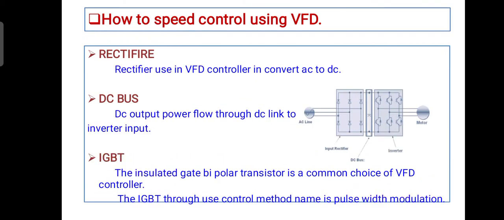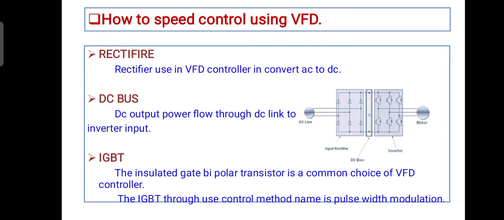Then, how to control speed using VFD. VFD means variable frequency drive, which is built using different components. One is the rectifier, another is the DC bus, and the IGBT. IGBT means insulated gate bipolar transistor. First, the rectifier. The rectifier in a VFD controller converts AC to DC.